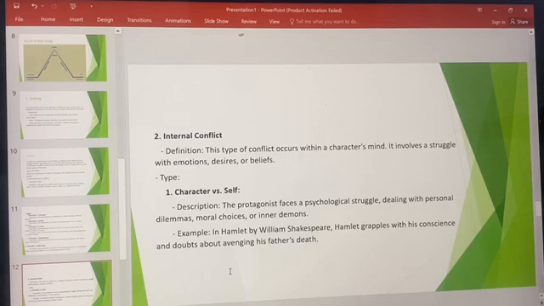The protagonist faces psychological struggle, dealing with personal dilemmas, moral choices, or inner demons. We have an example, Hamlet by William Shakespeare. Hamlet grapples with his conscience and doubt about avenging his father's death.